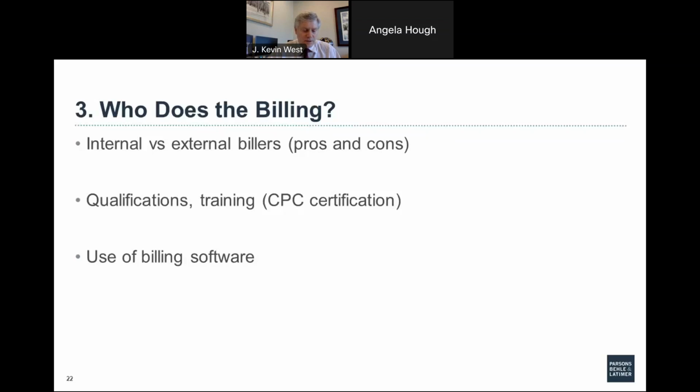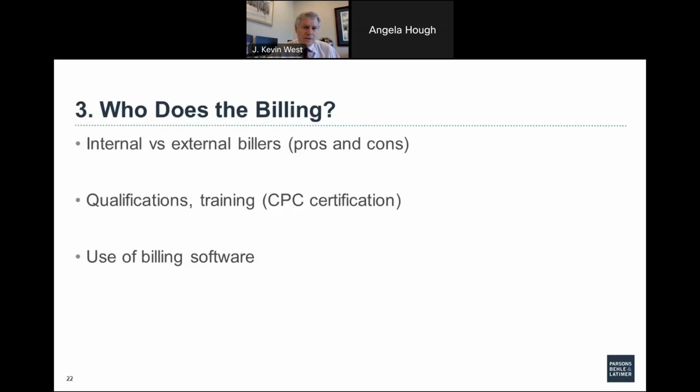When you're using your own internal staff, the advantages I see are the healthcare provider's ability to supervise, be closely connected, and communicate more easily with someone down the hall as opposed to a third-party billing service in another state or even another country, which we're seeing often. So those are the pros I see.